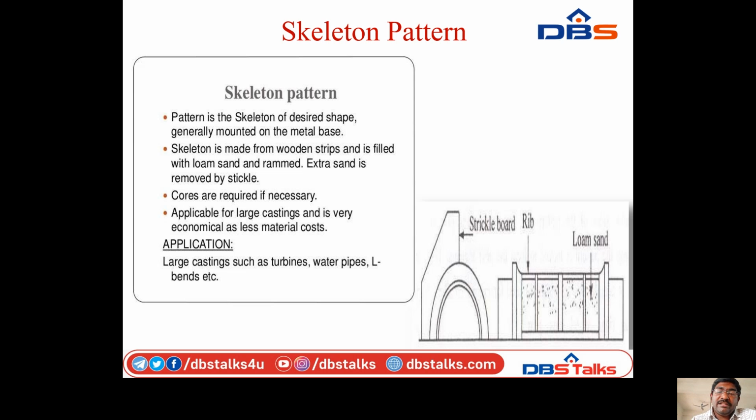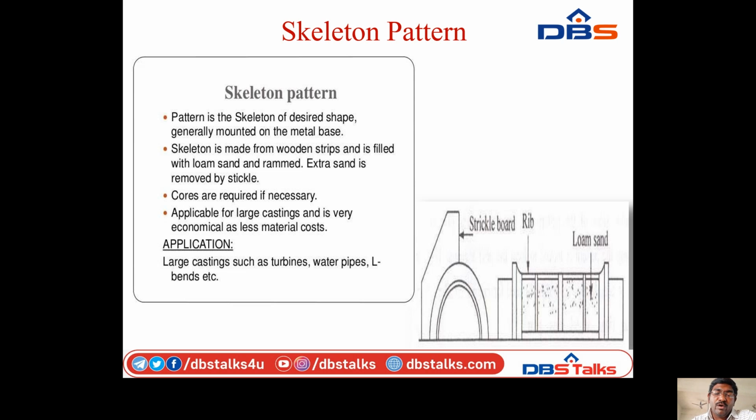For very large castings, solid patterns would require a large amount of timber, which may not be economical. Cores are provided if necessary. Application to large castings is very economical, as there is less material cost.